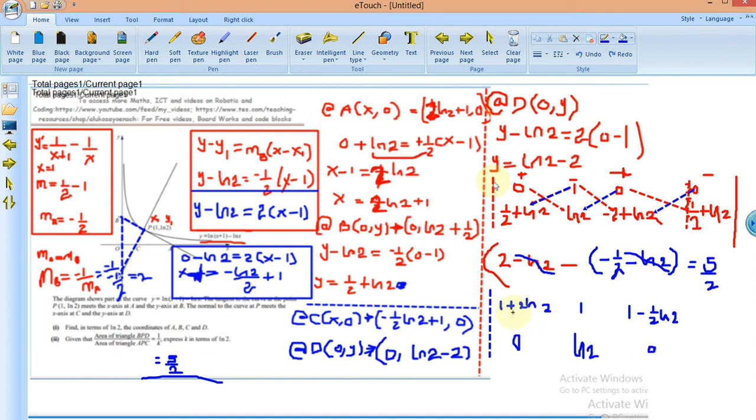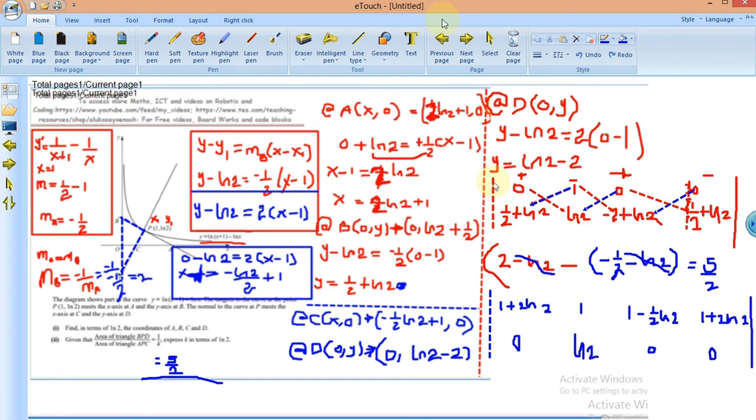Then you end with what you start with, 1 plus 2 ln 2, then 0. Then you can end the, I'll use freehand, sorry about that.